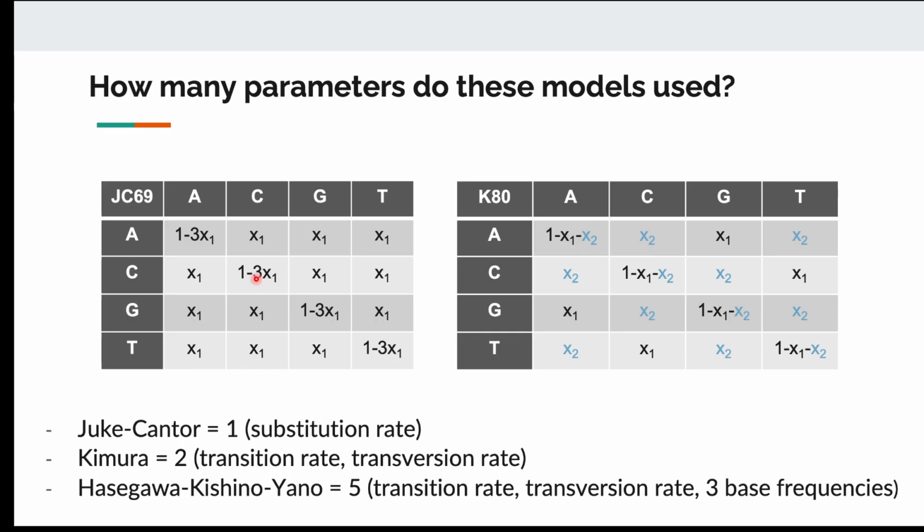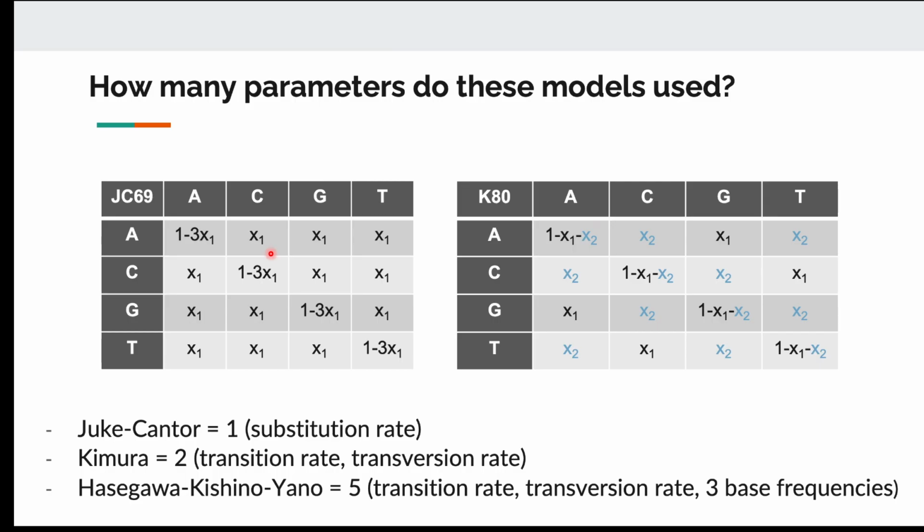Whatever mutation rate here is the same for every off-diagonal. And the diagonal has to be 1 minus 3 times this because it's a probability, it has to sum to 1. So essentially, this entire substitution table only has one parameter. Whatever this x1 is, you can fill in the numbers for the entire table. So we can say that the Jukes-Cantor model has only one parameter, which is the substitution rate, whatever this x1 is.